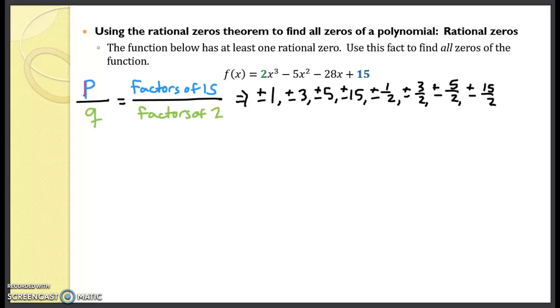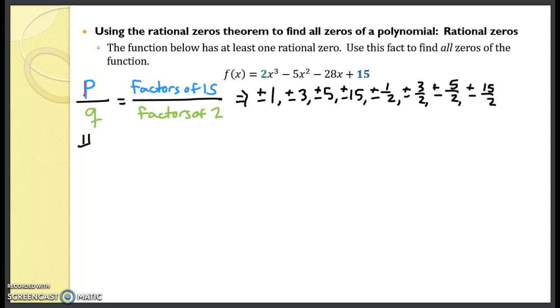Now, we're told one of them is a 0. One of these is going to be a 0. So what we can do is just start checking some of these possible zeros to see if they are zeros. So let's just try one.